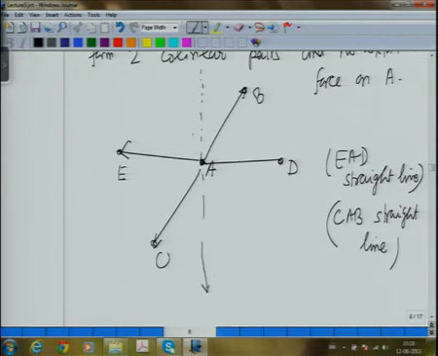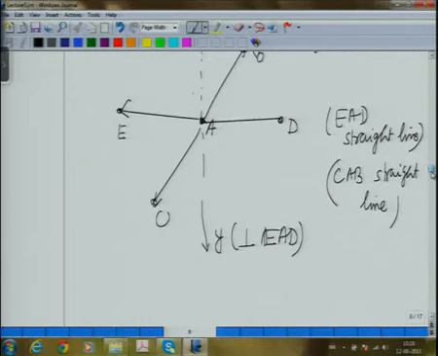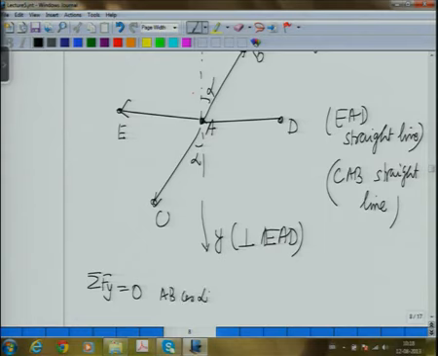If this angle is alpha, this will also be alpha, I will get AB cos alpha is equal to AC cos alpha, this will imply AB is equal to AC.